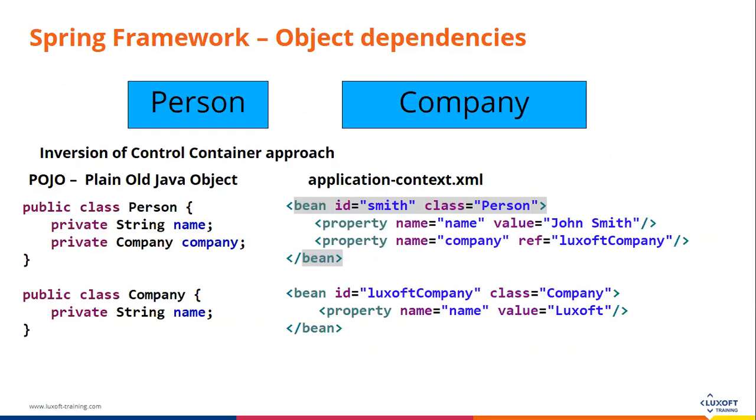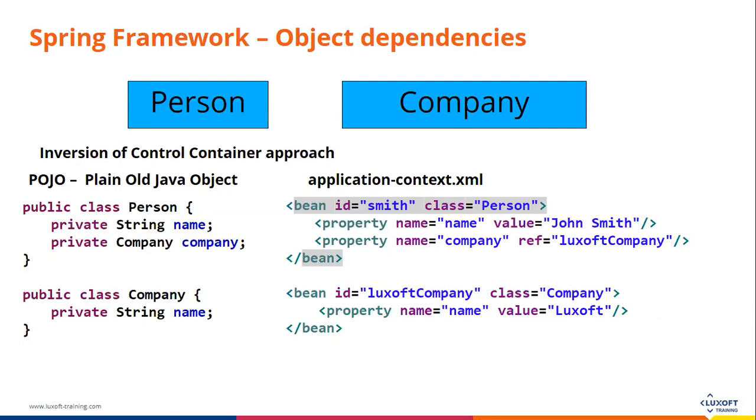So let's have a first look at what such an example using the Spring framework looks like. You see here we have the same person and company classes, but we do not have any dependency between them at the level of the code. So these person and company classes are pure objects.